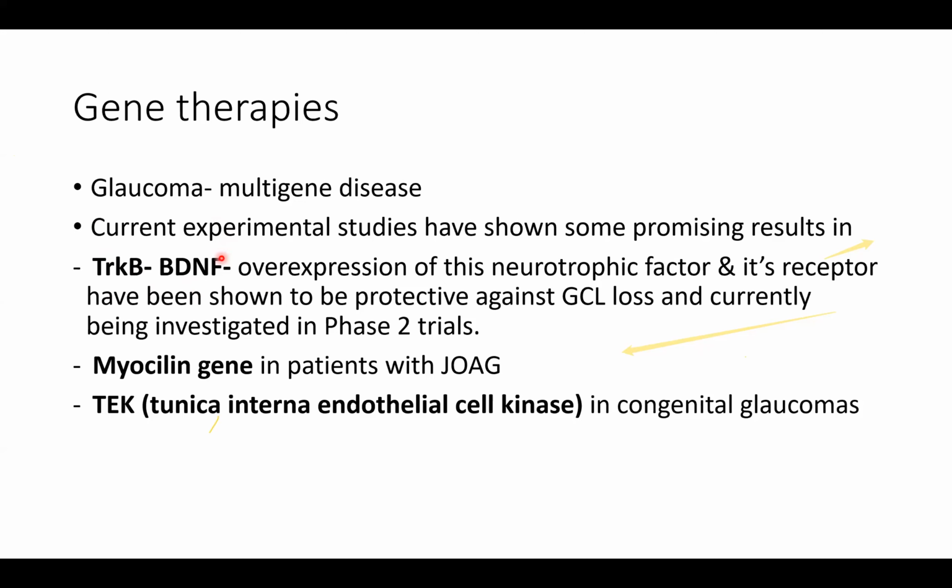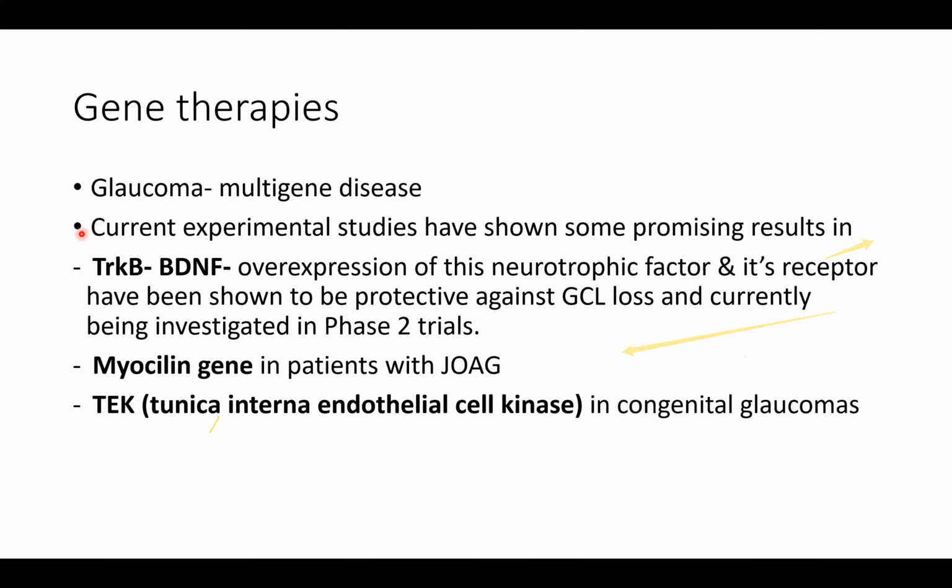So the problem with just upregulating BDNF alone, or even administering exogenous BDNF, is that there's a reactionary downregulation of the BDNF receptor, which is this TrkB. So current gene therapies are looking at ways to increase the expression of the neurotrophic factor, but also its receptor.